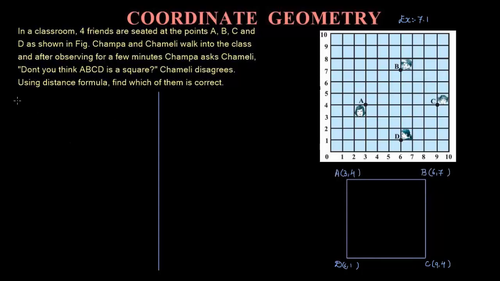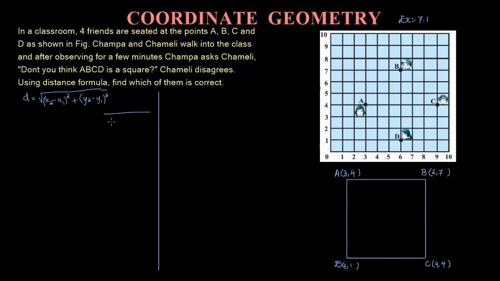So let me write the distance formula here. D equals the square root of x2 minus x1 whole square plus y2 minus y1 whole square. Right, so if I am talking about the line AB, then what are the coordinates?